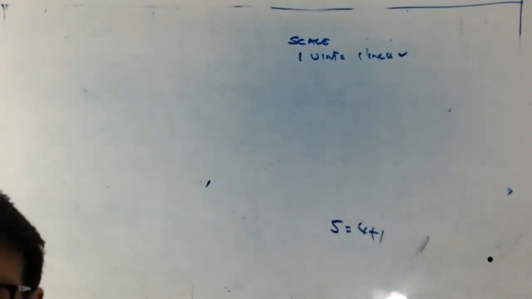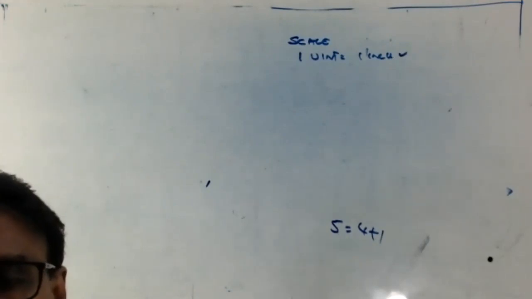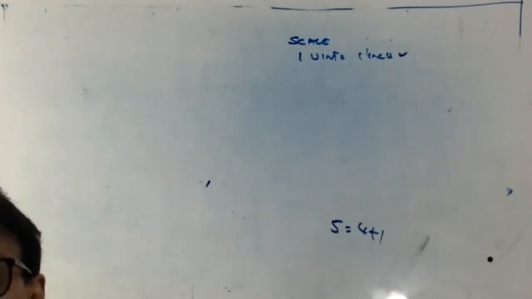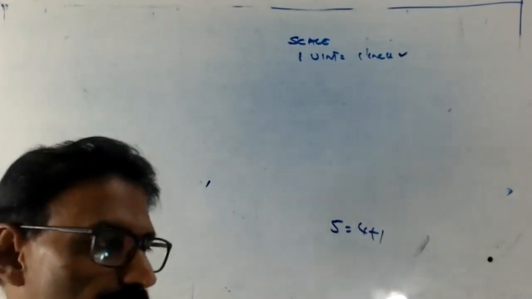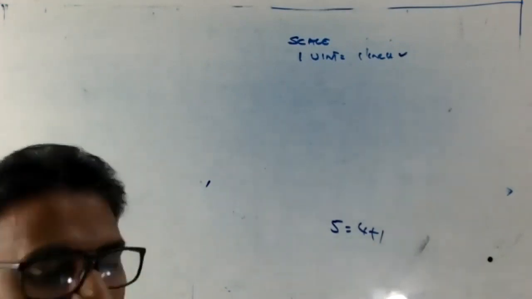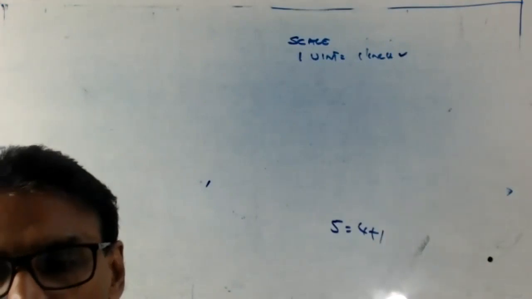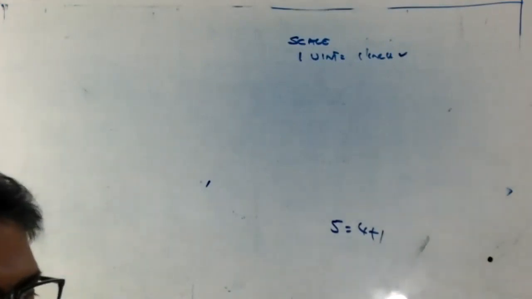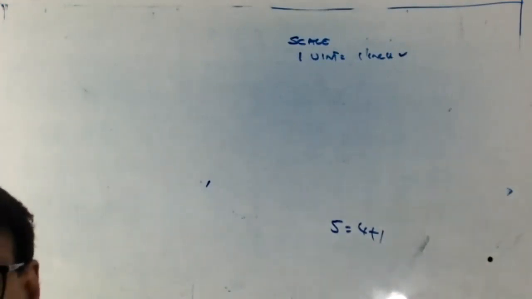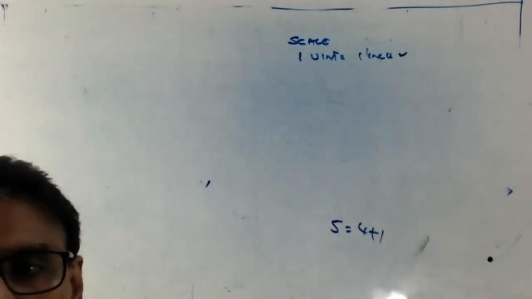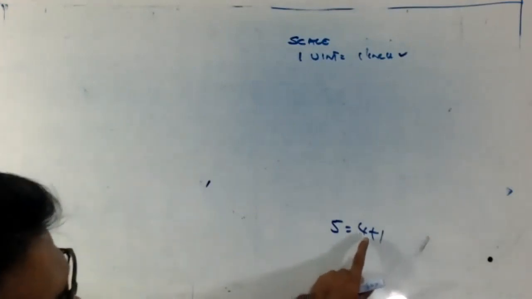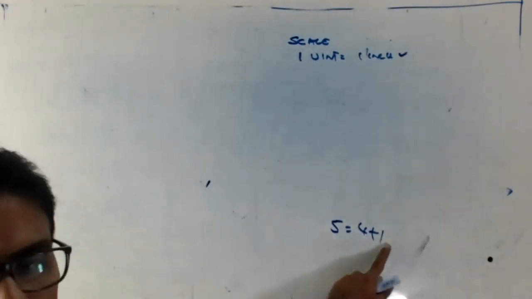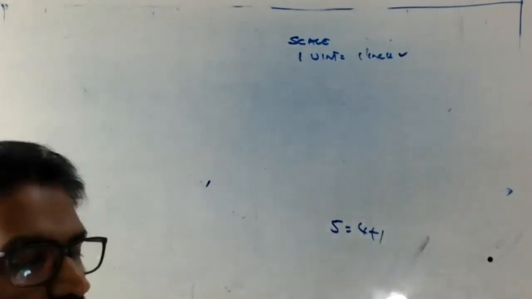This part clear or not? Anyone have doubt? Like if it is 8, 4 plus 4; 13, 9 plus 4; 17, 16 plus 1, like that. Then we can write this is 2 square plus 1 square.